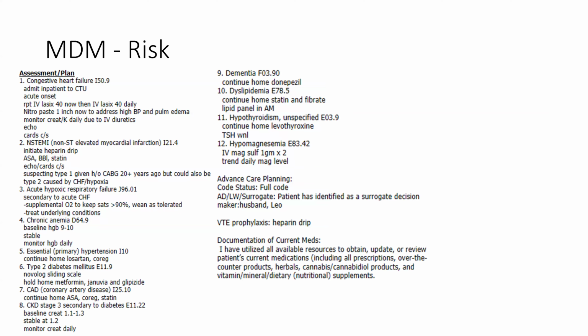So now looking at MDM risk, continuing home PO meds, what level would that be? The highest is 4, I think. It's a 4, because it's just prescription drug management, so that's all you get for anything non-intensive monitoring.